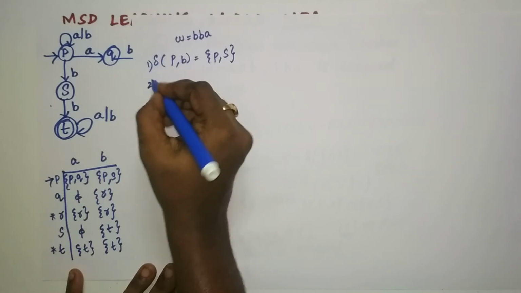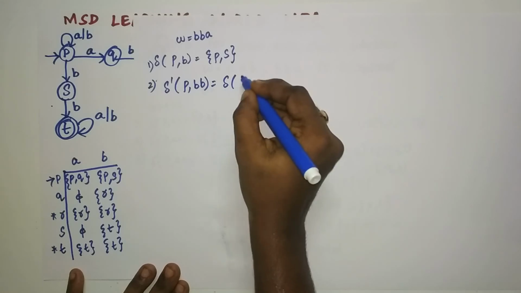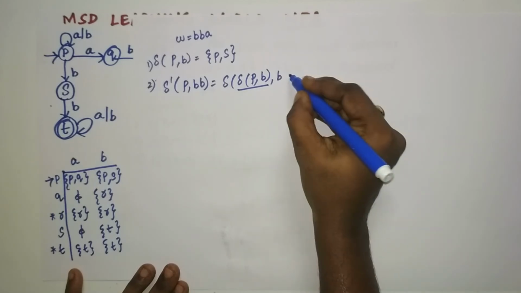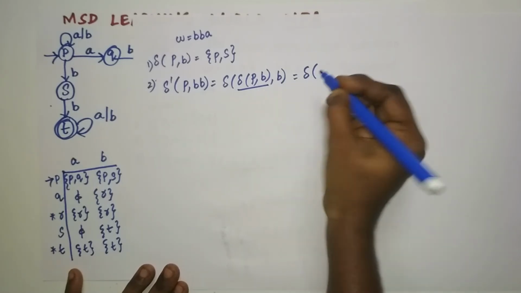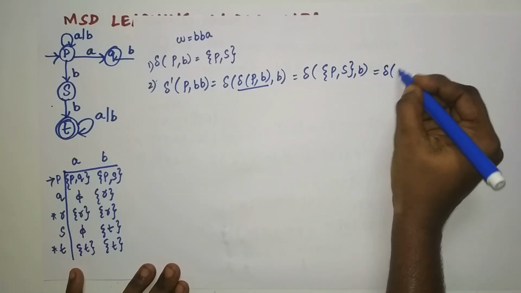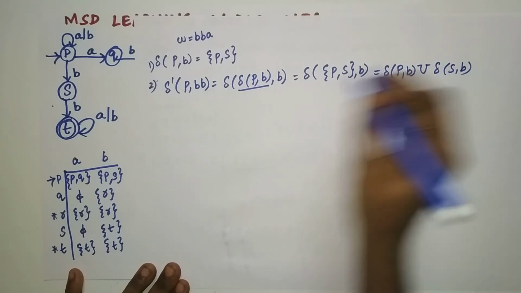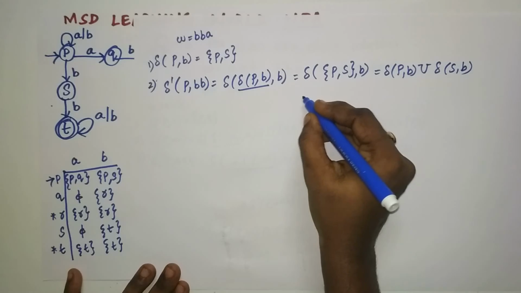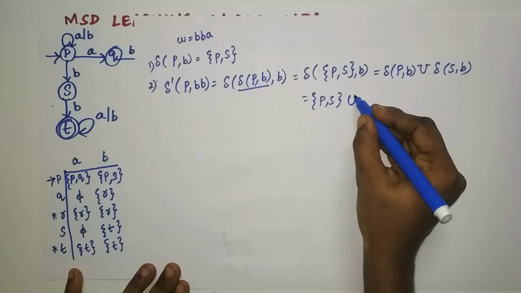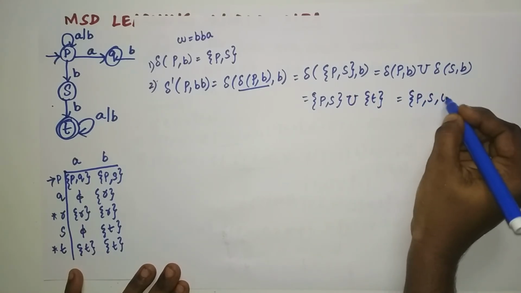The next step is del dash of P comma BB, which is equal to del of {P, S} comma B, which is equal to del of P comma B union del of S comma B. Del of P comma B is {P, S}, and del of S comma B is T. So it is {P, S, T}.